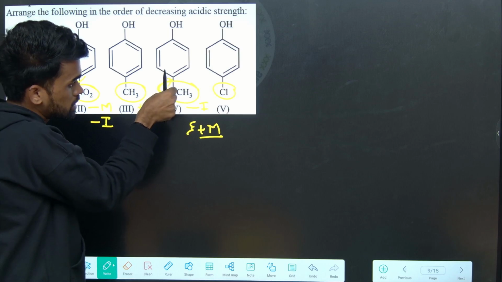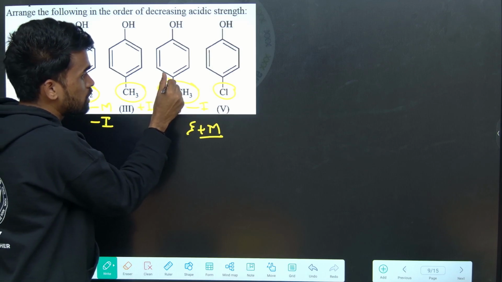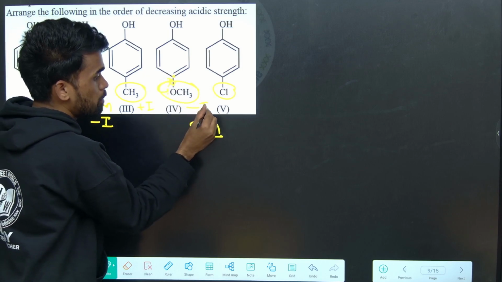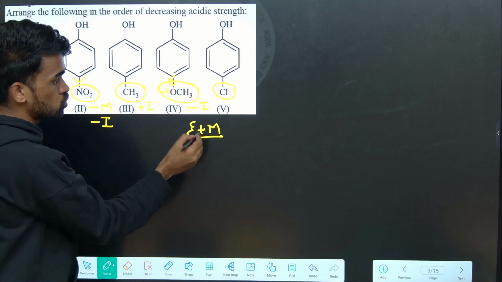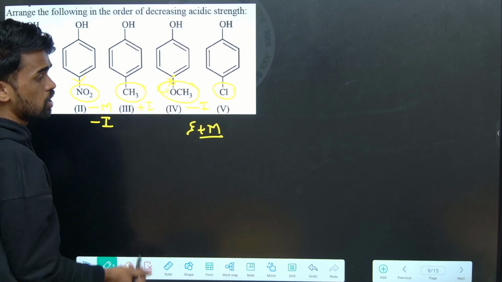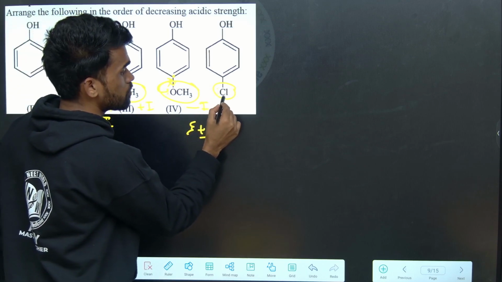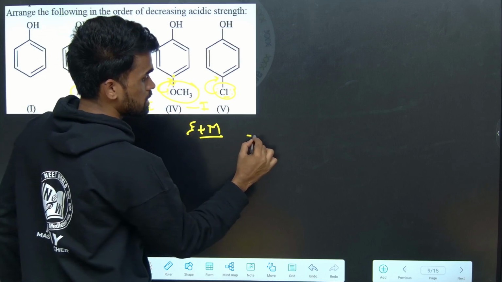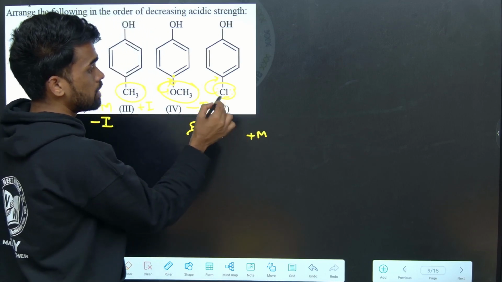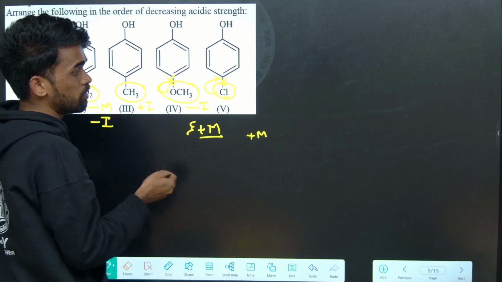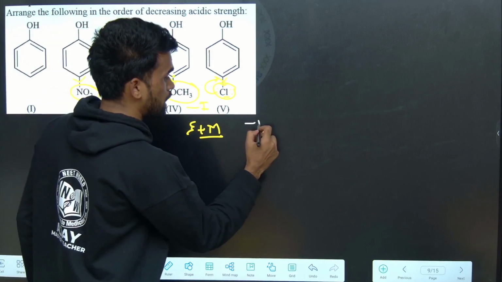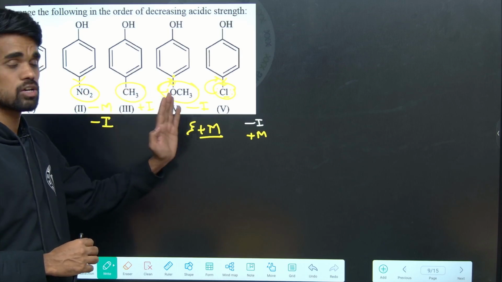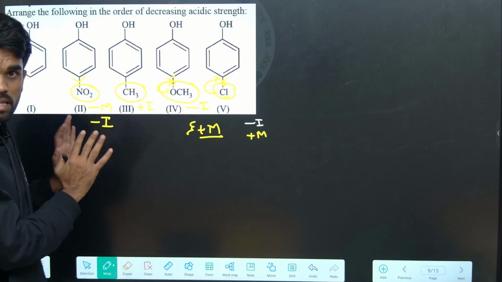Since oxygen is more electronegative, it will withdraw electrons through the sigma bond from this carbon, so it is a minus I group. These two effects are there. Now chlorine has non-bonding electrons, so it can donate electrons, so plus M effect, but it can also show minus I effect because of its electronegativity, so I am writing minus I group. So this is how you need to decide first which are electron releasing and withdrawing groups. These are normal things we will be using.